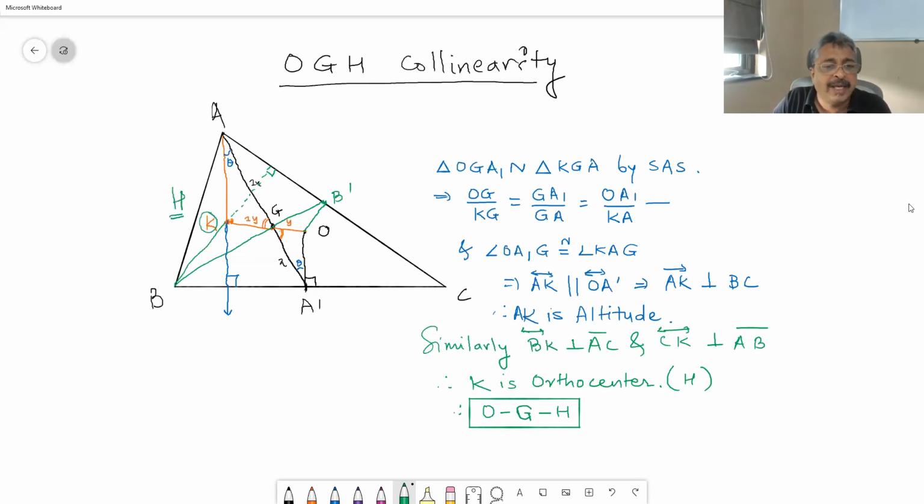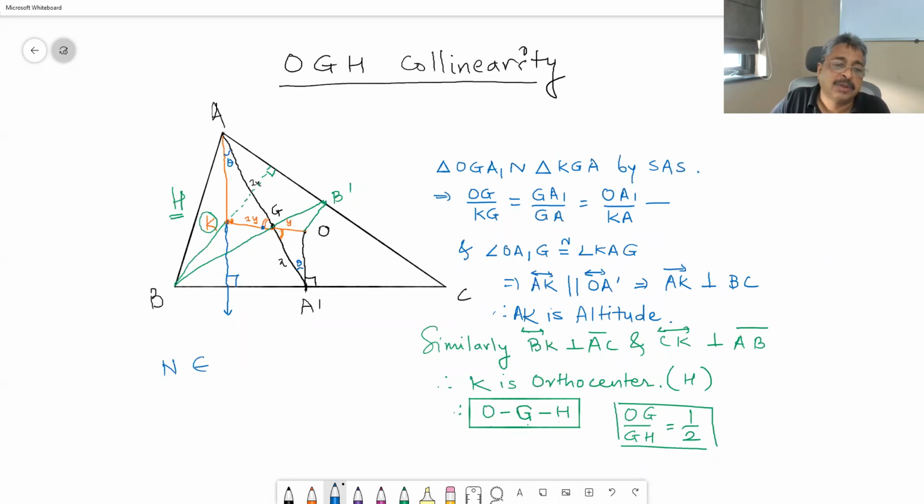capital H, and hence the very important result for any general triangle that we get is O, G, H are collinear, and OG upon GH is equal to 1 upon 2. Also, you must have proved last year when you studied the 9-point circle that the center of the 9-point circle lies on the OGH straight line, and it is the midpoint of segment OH.